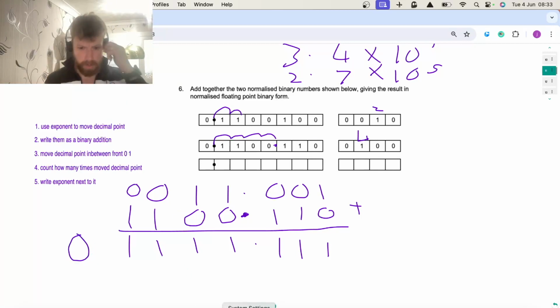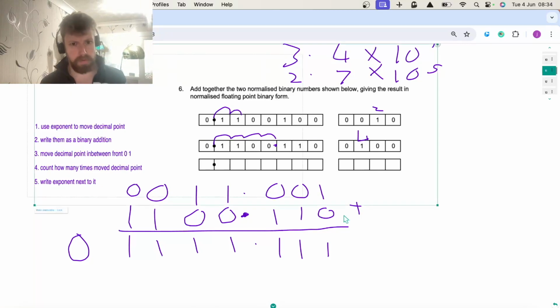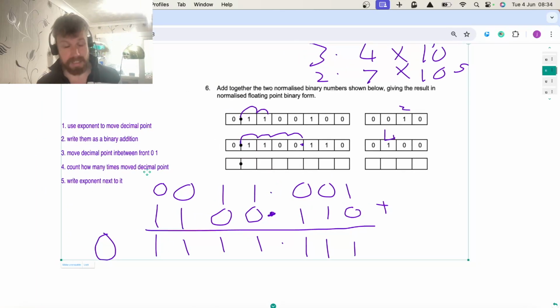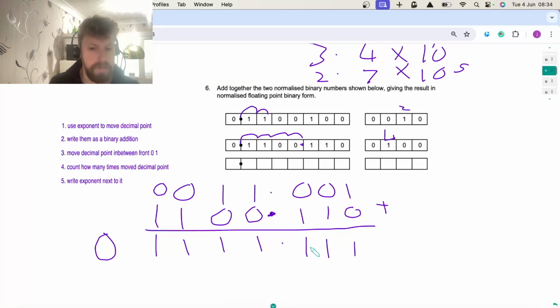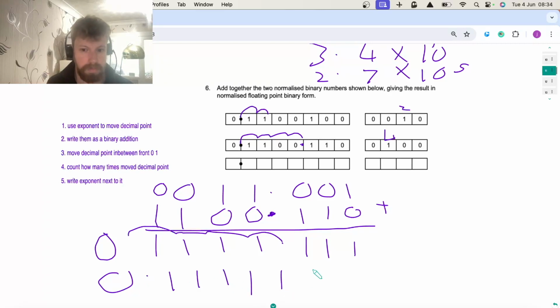Okay, so the principle of this now is, I've added them up, everything's lovely. And all I'm going to do now is move the decimal point. So that's going to go 1, 2, 3, 4. Remember that you've moved it 4 times. And then the exponent now is going to be 4.